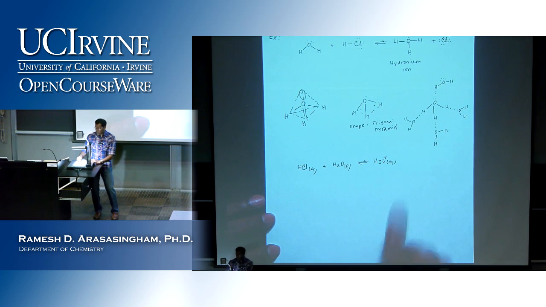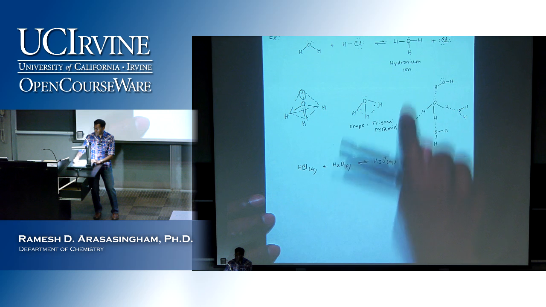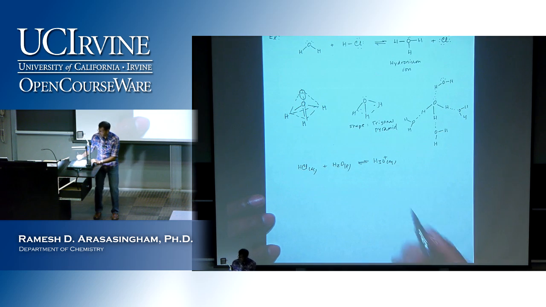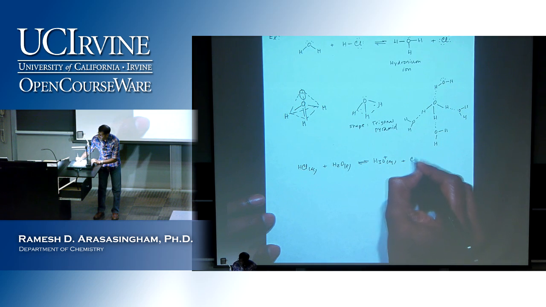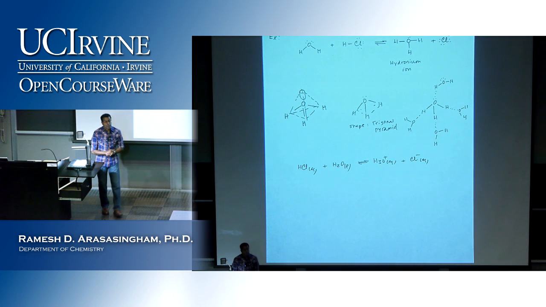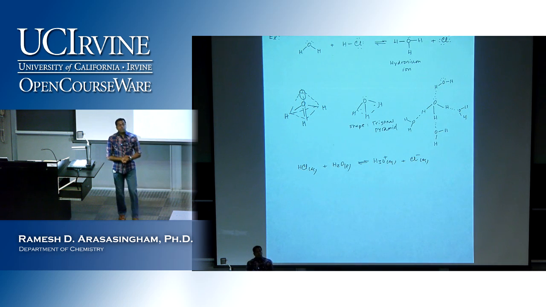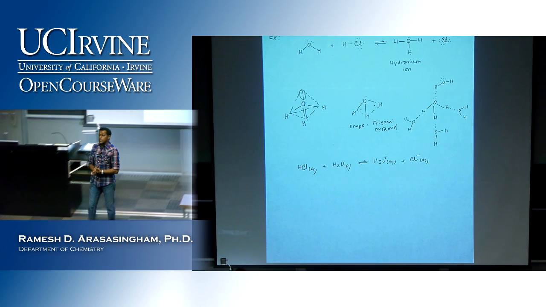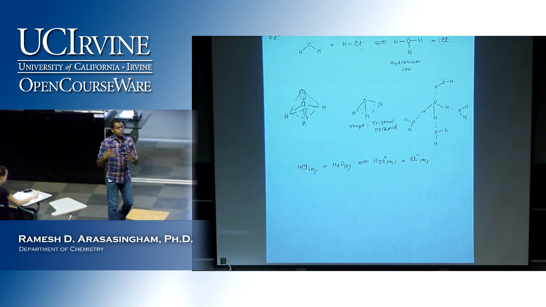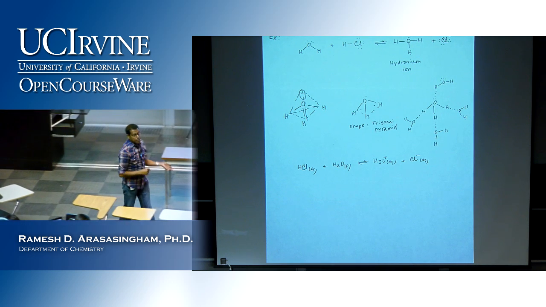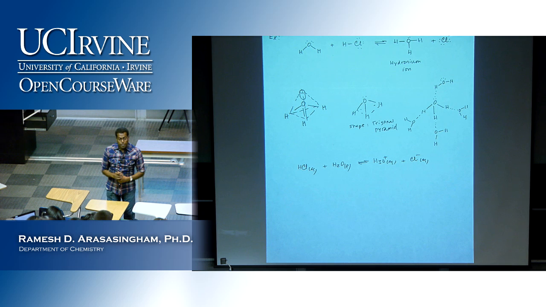And when I put in parentheses aqueous, this is the structure that I'm talking about, okay? Plus Cl minus aqueous. So what we've written down is the interaction of HCl with water to give you hydronium ion and chloride ions, all right?